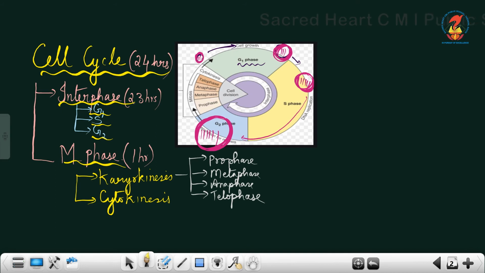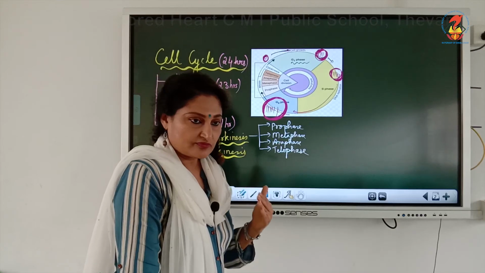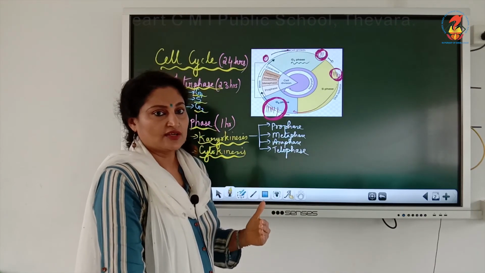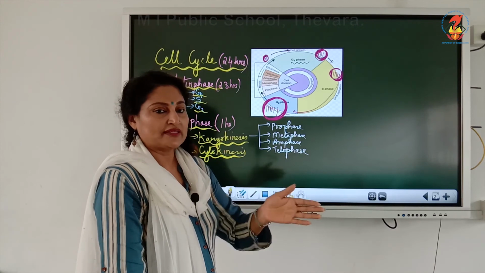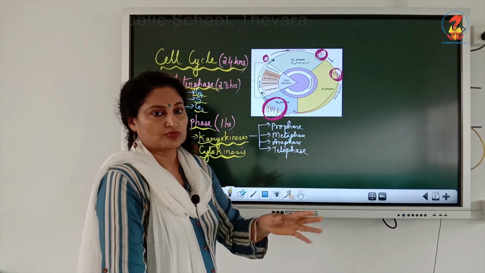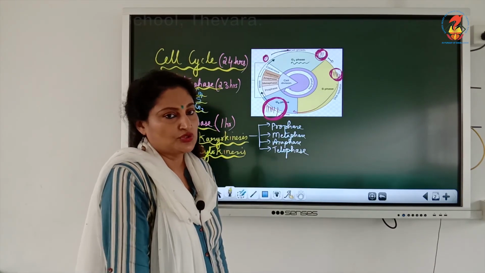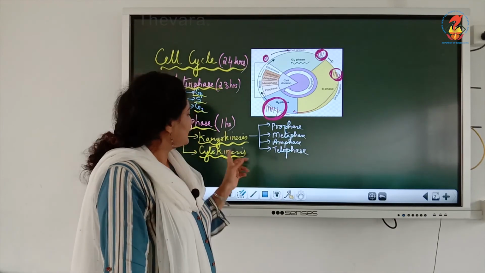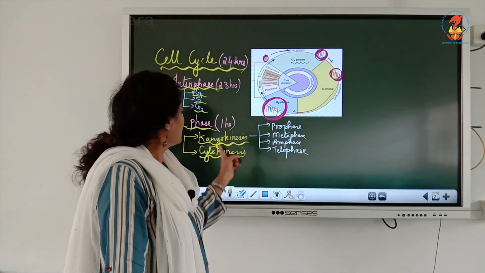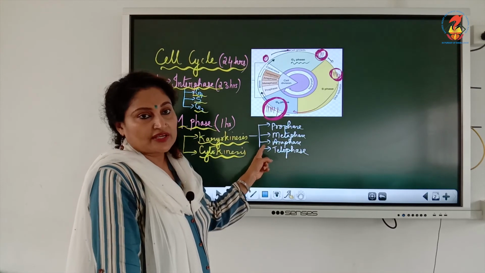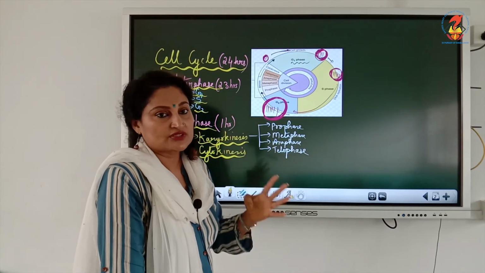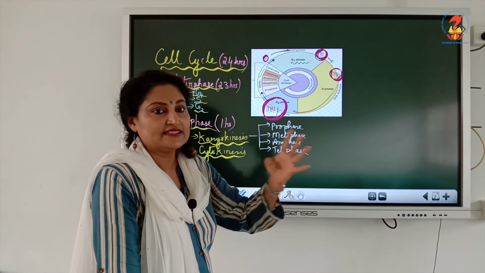But M phase is further divided into karyokinesis and cytokinesis. Karyokinesis, first it is division of the nucleus, followed by the distribution of the doubled chromosomes. They get equally distributed into the 2 daughter nuclei, and then it is followed by cytokinesis. Now the process of karyokinesis is elaborate. It involves 4 stages which we will be learning in cell division.